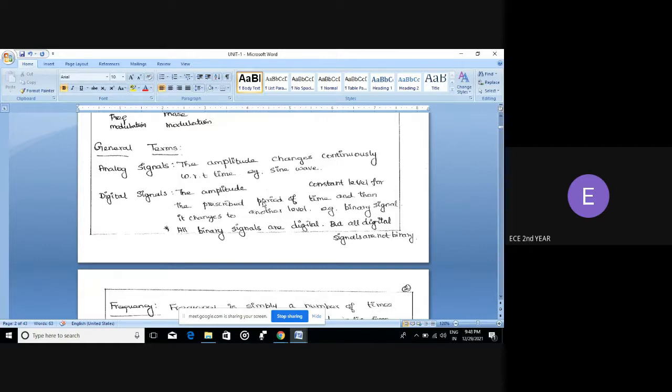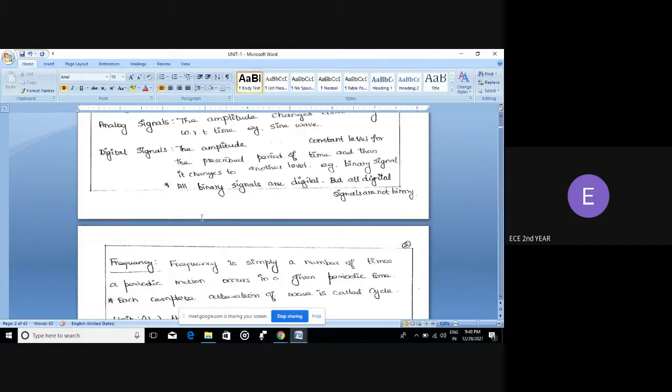We will have the amplitude in certain time periods only. Those time periods are called discrete time periods, so these signals are also called discrete signals. These signals will have values like zeros and ones only. They call those binary signals.